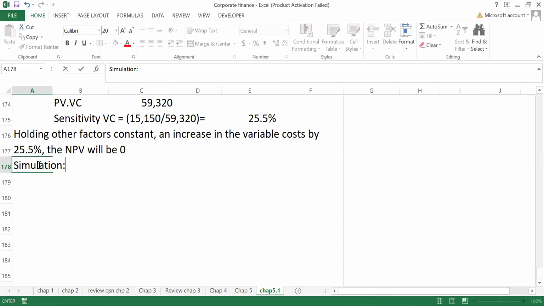Excuse me, sir. I was wondering if we talk about impact analysis. Impact analysis of a project? That is cost-benefit analysis. Do we teach it in corporate finance? We always look at impact analysis of a project when we are doing cost-benefit analysis. I don't know if we look at it in this.